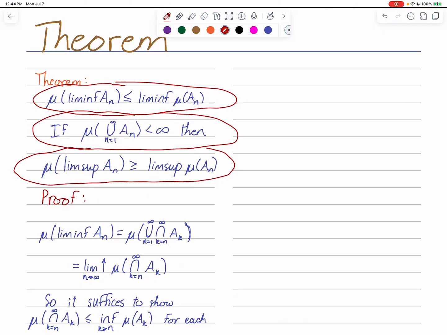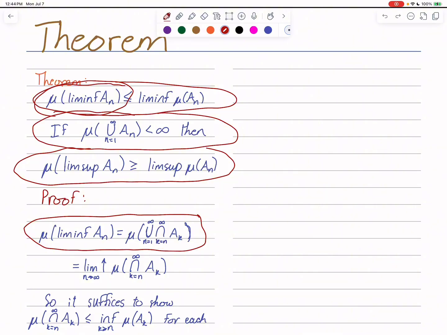So let's start from the left-hand side and take the measure of the Liminf. That is just notation, so this equation just comes by definition.